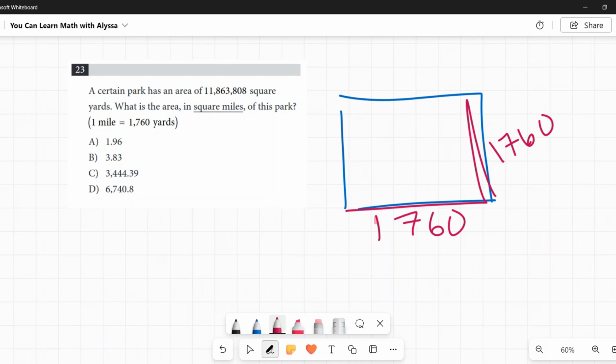I don't know what that is off the top of my head, so I'm going to use my calculator, and I find that it is 3,097,600. So that is how many square yards are in 1 square mile. So if this is how many square yards I have total, how many square miles is that? I need to take that number.